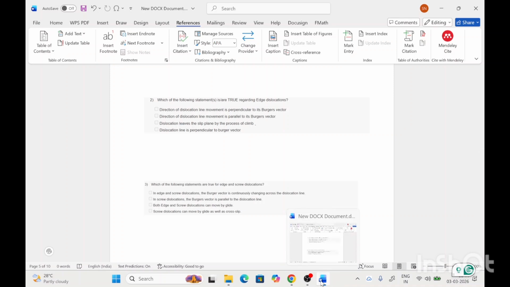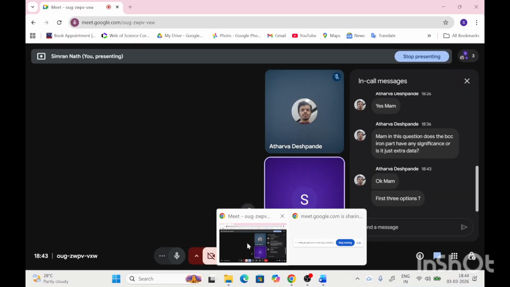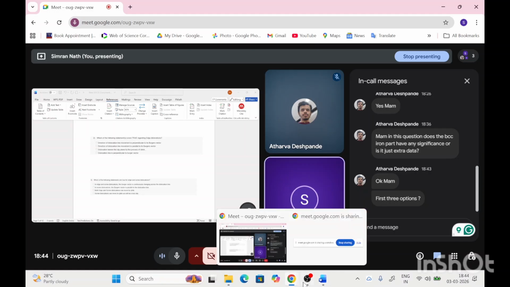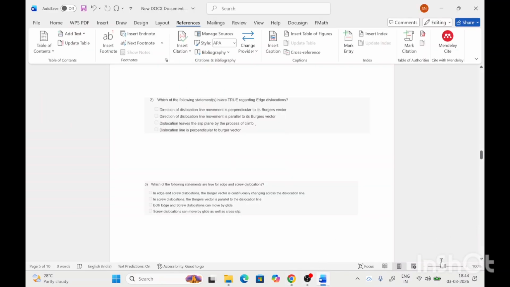We have discussed the dislocation characteristics. Is the question readable, or should I increase the font?